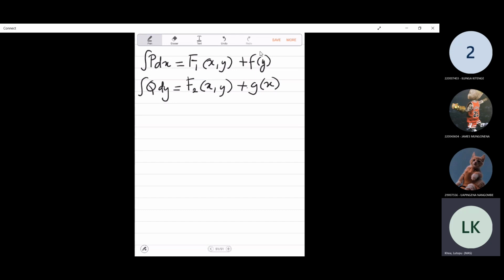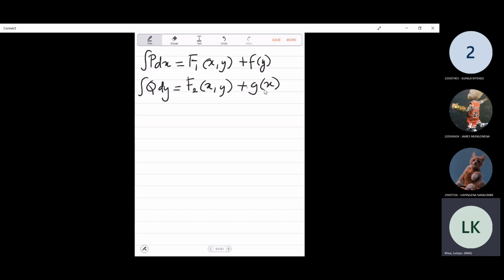Then we have to solve for these two functions. So either you do it this way or that way, you don't have to do both of them. You pick which one you want. Usually you'll pick the one that's easier to integrate, whether p with respect to x or q with respect to y.